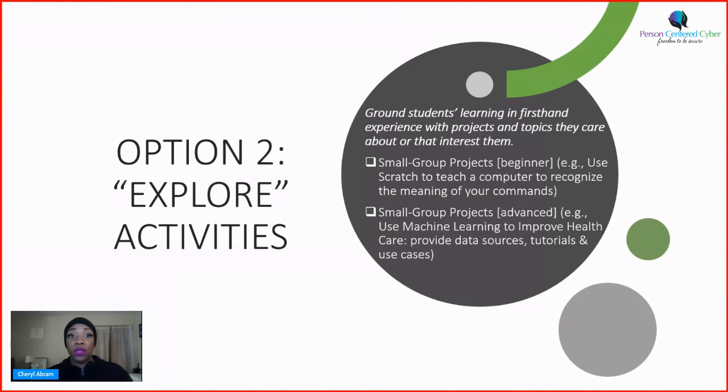Option 2, explore. Ground their learning in first-hand experience, okay, with projects and topics they care about or that are of interest to them, okay? It's not just about, okay, here's this project, do it.